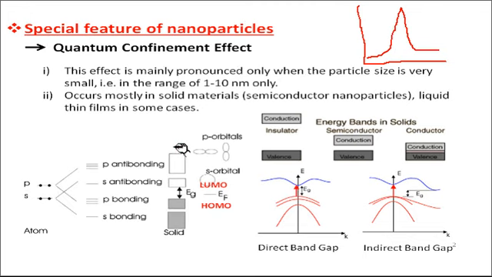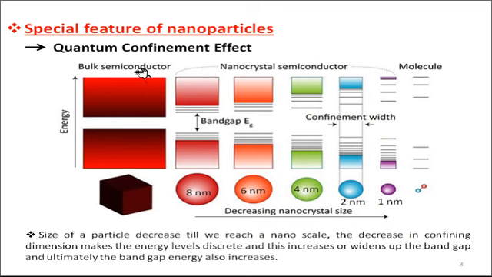Now, if you see this energy level diagram, you can see the continuum bands for a bulk semiconductor particle, where the gap between the valence band and the conduction band is very small.